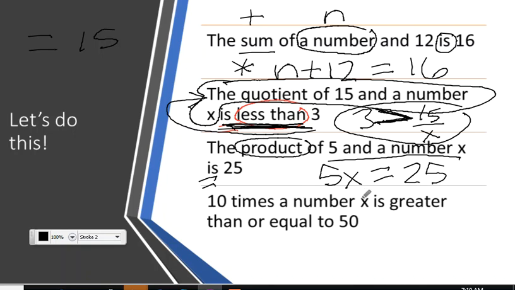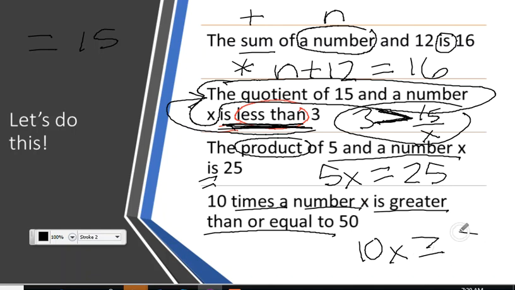10 times a number x is greater than or equal to. Okay, so for this one it's going to be an inequality sign, greater than or equal to. So 10 times a number x, remember times is just 10 times, then we have a number x, so 10 times a number x is greater than or equal to 50.